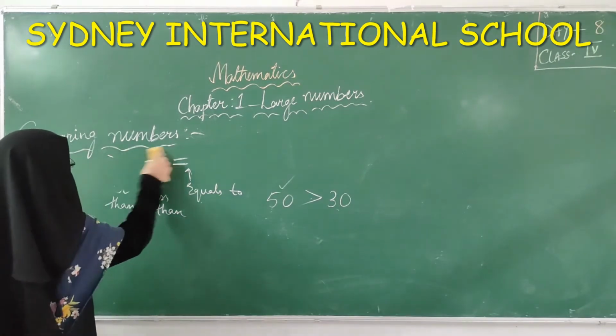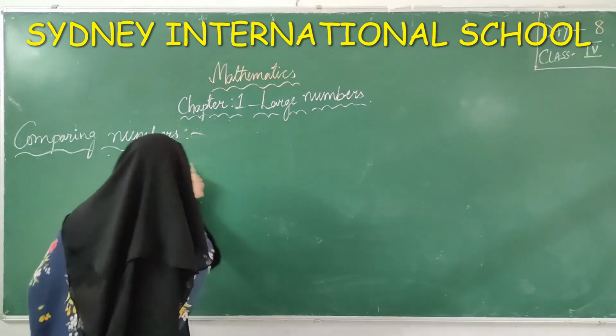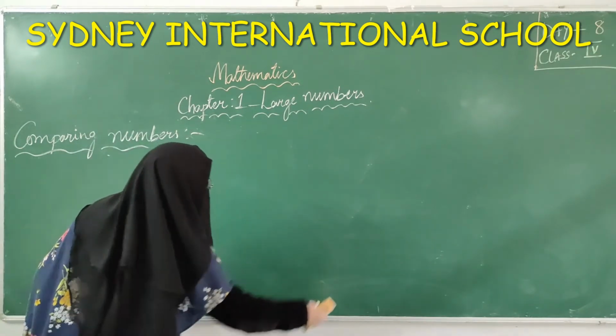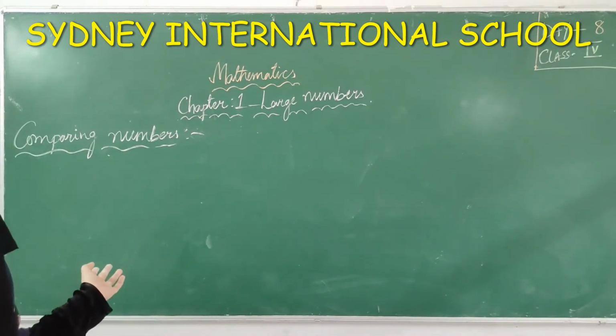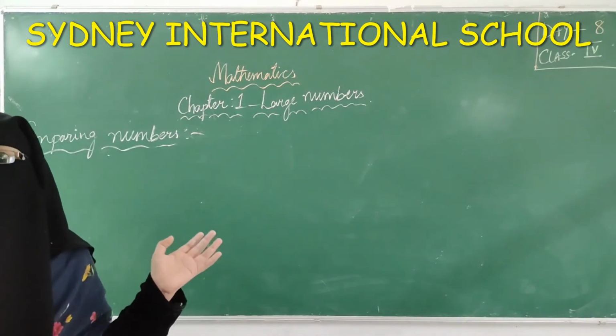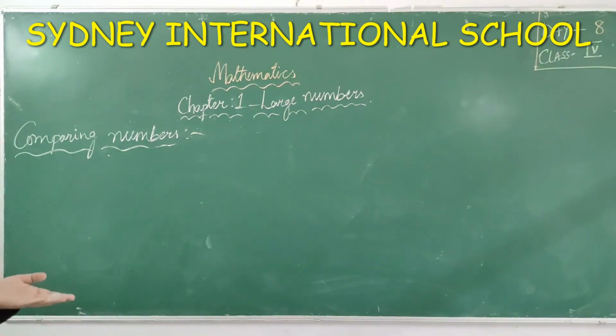In class 3, we already learned how to compare numbers. But here, how many digits? Just now I told you 5 digit and 6 digit. In our previous class, we learned how to compare numbers of 4 digit, 3 digit. Now here we are going to learn how to compare numbers of 6 digit and 5 digit. Now let's take the example.